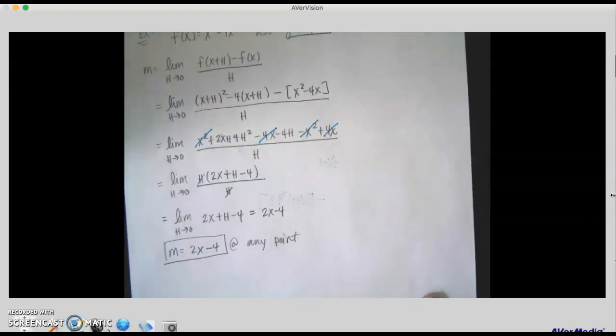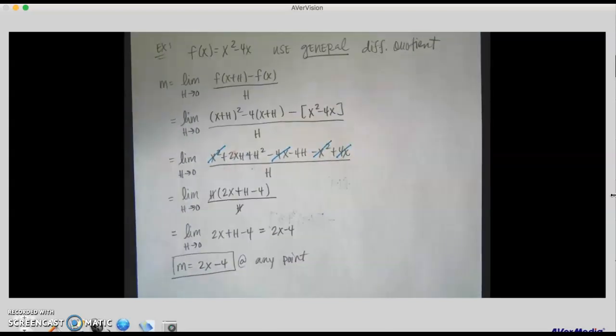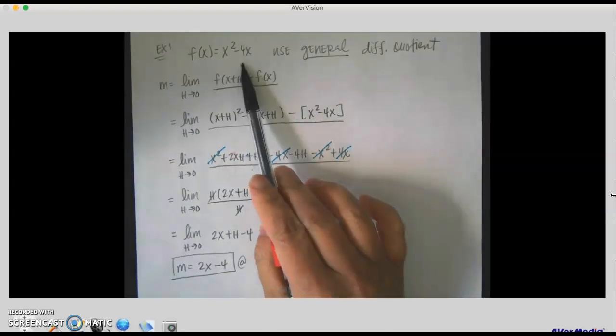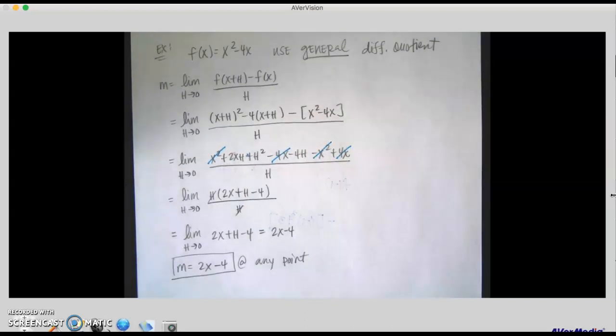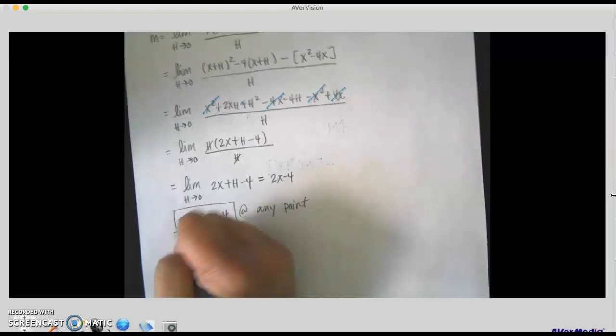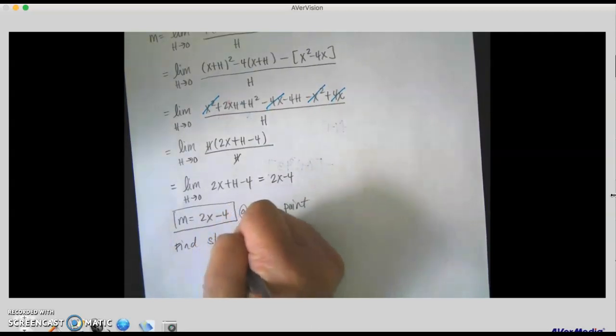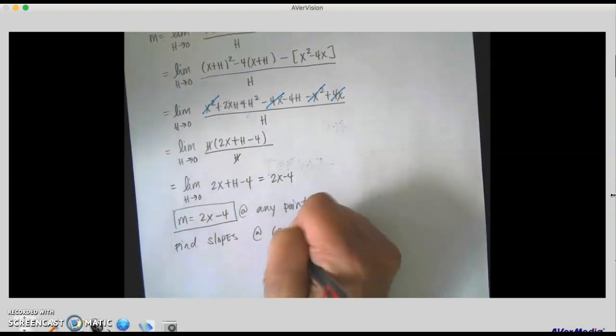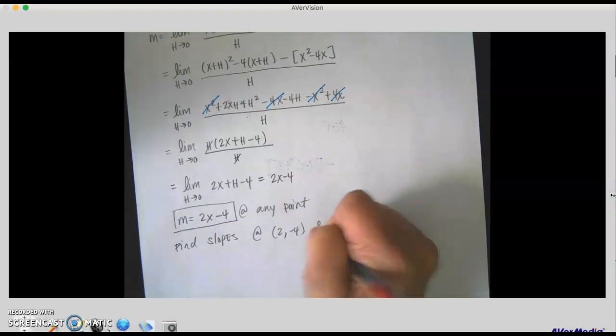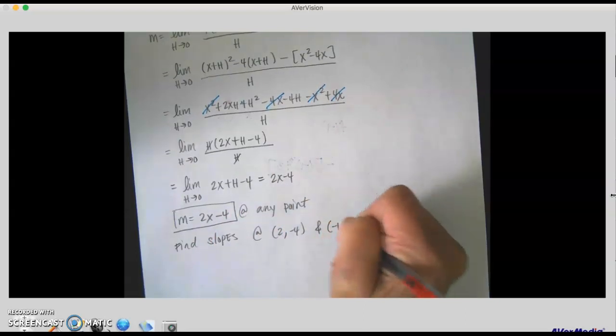So that means that we can find the slope at any coordinate point along the curve of x squared minus 4x. So if I wanted to find the slopes at, let's say, 2, -4, and at -1, 5.